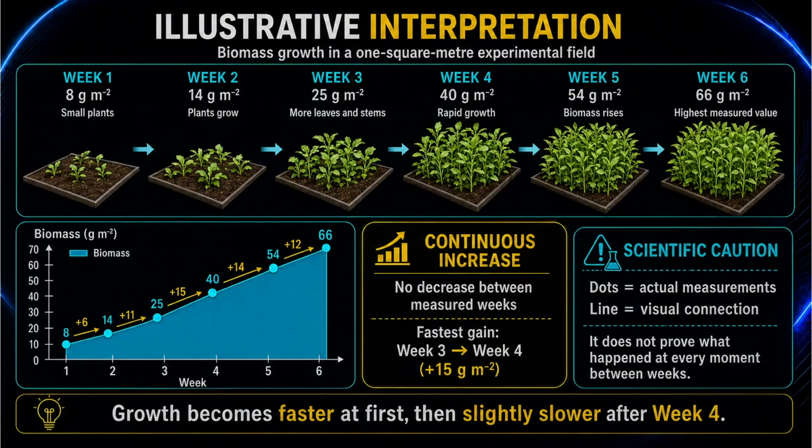There is no decrease between the measured weeks, and the fastest gain occurs from week 3 to week 4 with an increase of 15. However, the dots are the actual measurements, while the line is only a visual connection. It does not prove what happened at every moment between weeks. Overall growth becomes faster at first and then slightly slower after week 4.